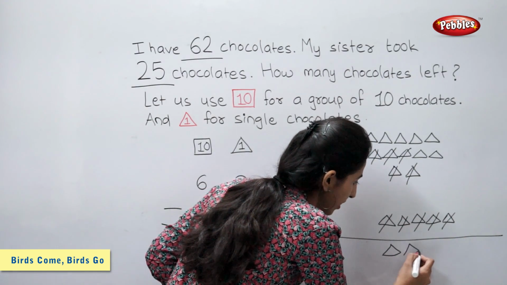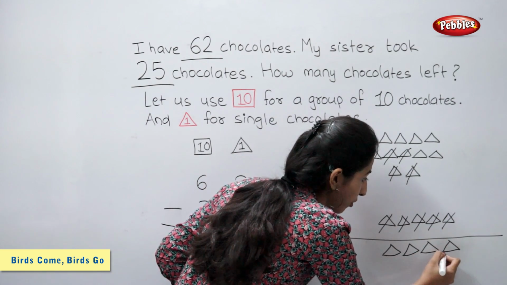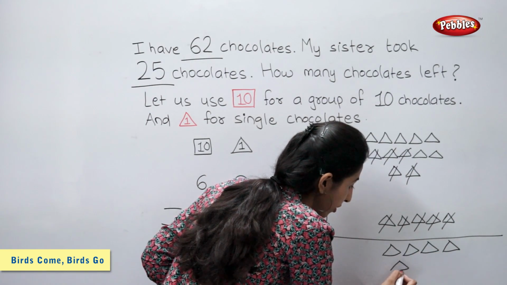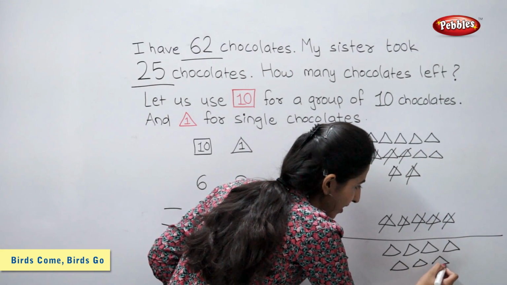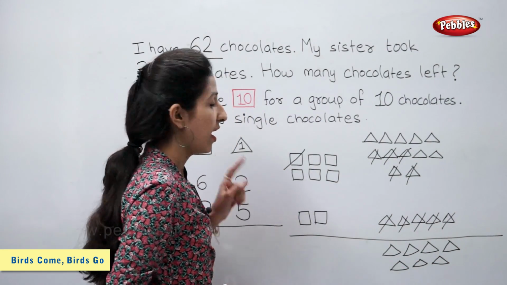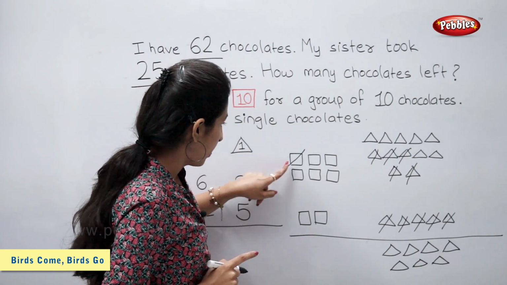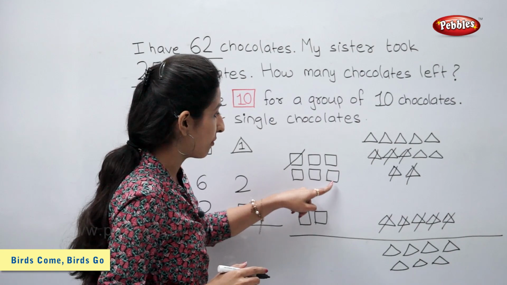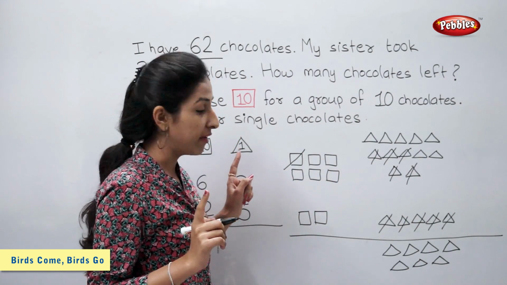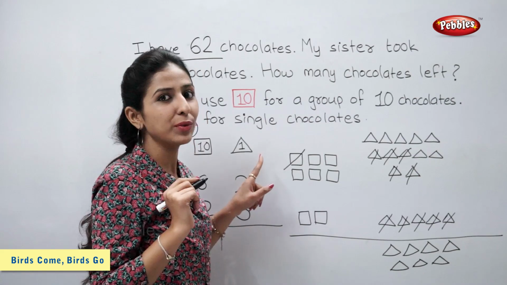Let us count squares. 1, 2, 3, 4 and 5. We have to take away 2 squares from these 5 squares.